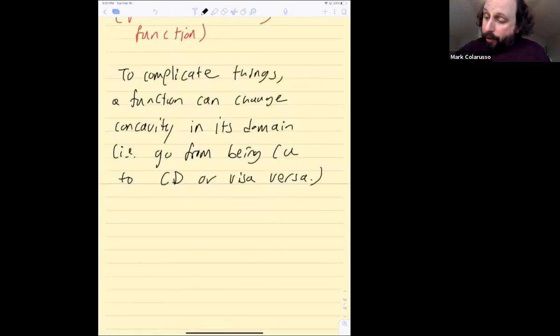And what's a good example of this? Well, our friend y equals x cubed that we saw had this weird behavior at the origin.